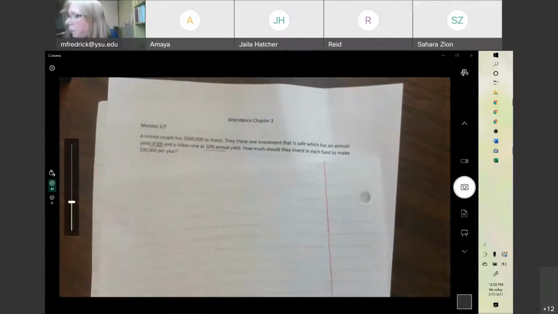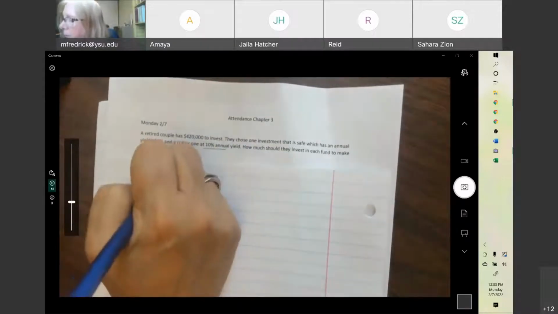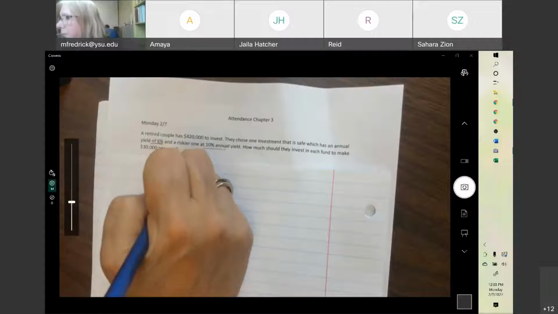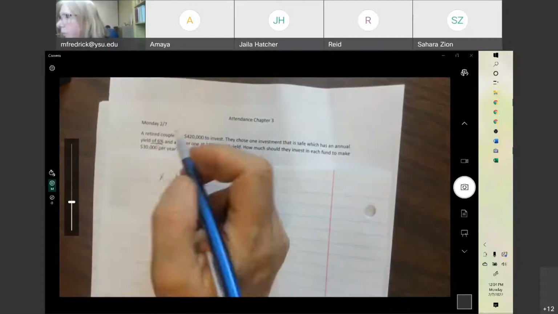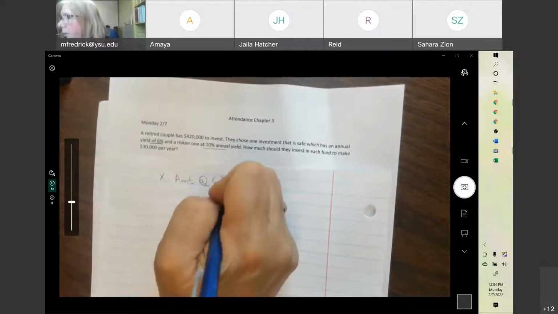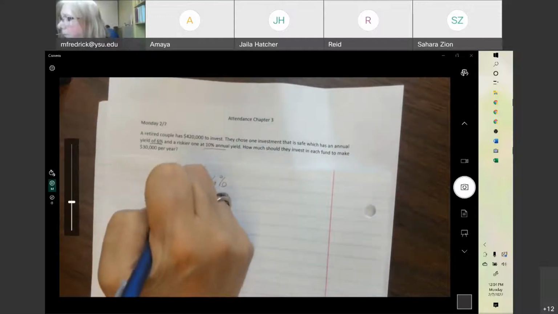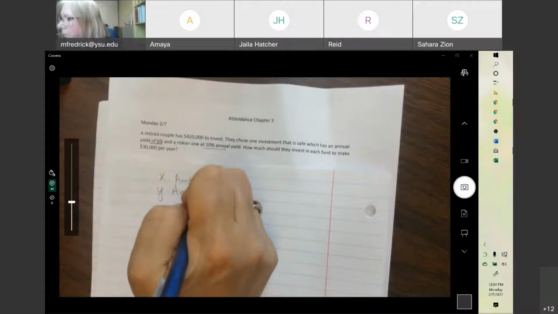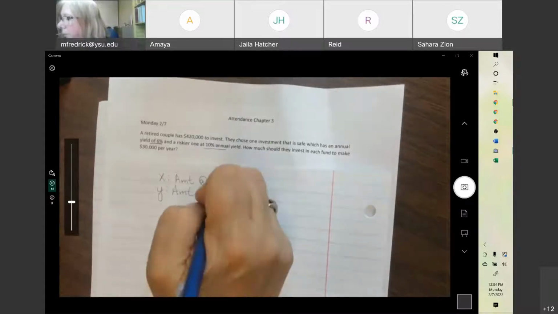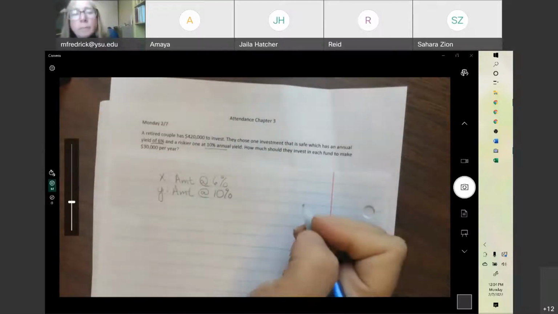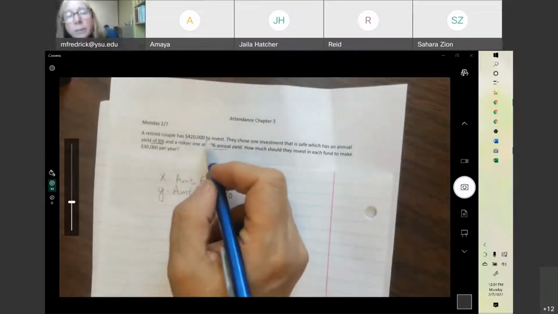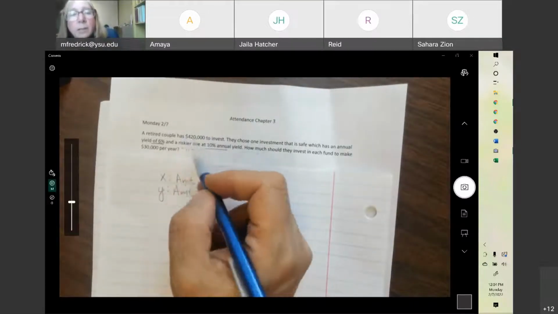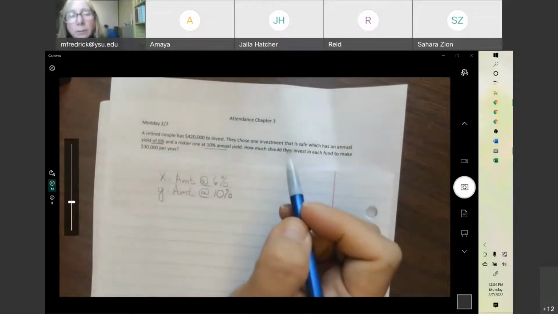Now you always want to name your variables. So X would be the amount at the one rate, which is 6%. And Y is the amount at 10%. Then you need to be able to write 2 equations, one that will equal the 420,000 and one that equals the 30,000.